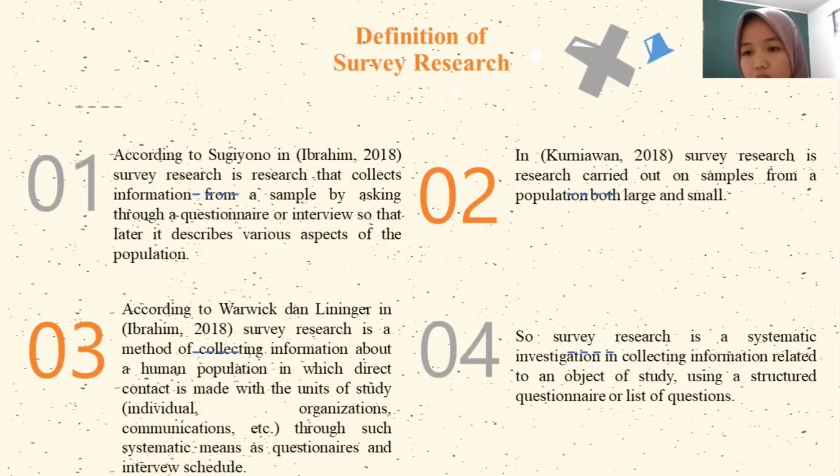In Kurniawan 2018, survey research is research carried out on a sample from a population, both large and small. According to Warwick and Lininger in Ibrahim 2018, survey research is a method of collecting information about a human population in which direct contact is made with the units of study, individual, organization, or community, through systematic means such as questionnaires and interview schedules.